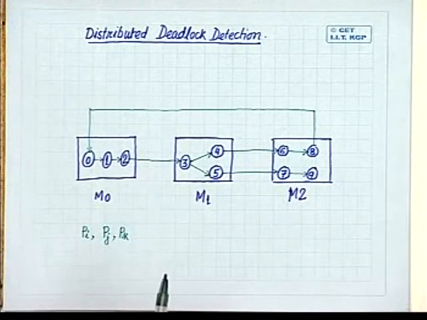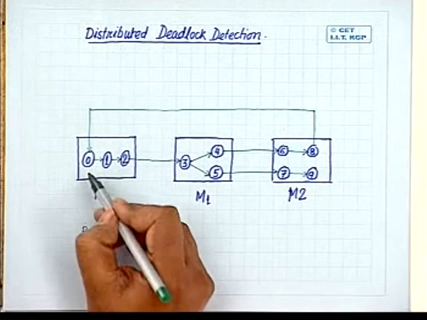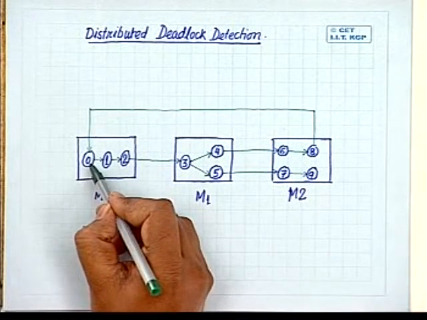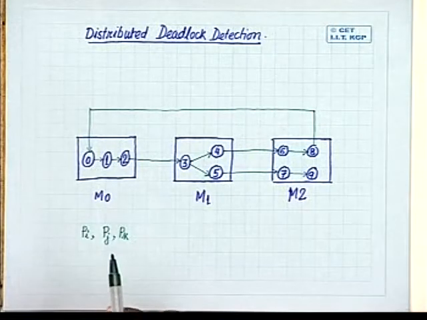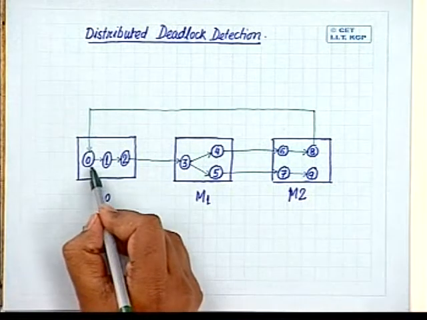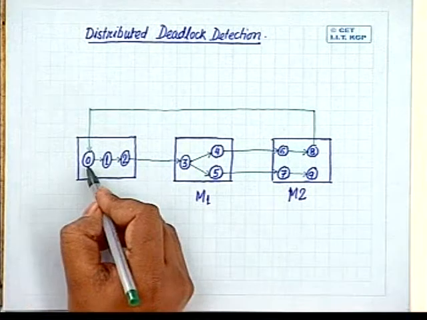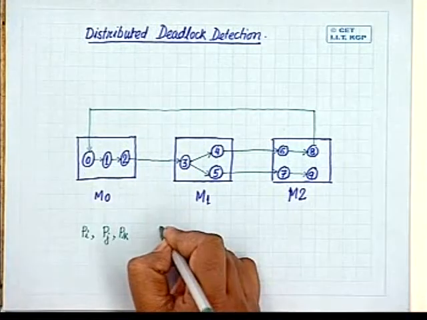Okay. So in this particular example, when we are assuming that it is process 0 which is just being blocked, process 0 will also generate such a message.